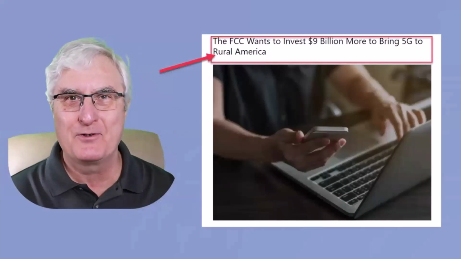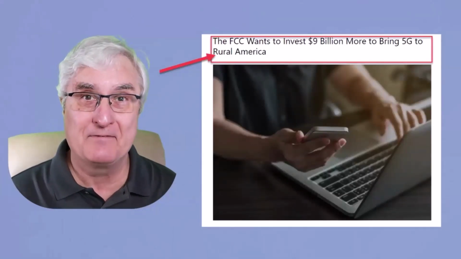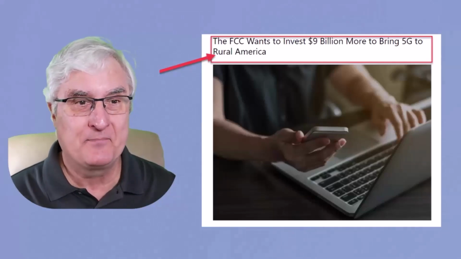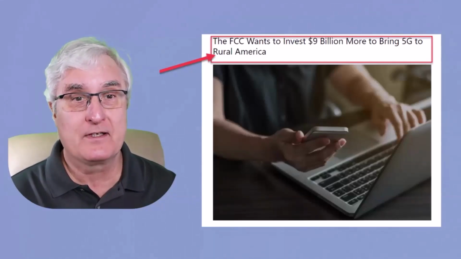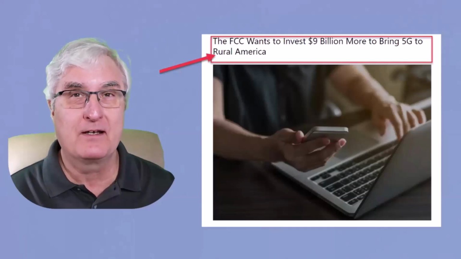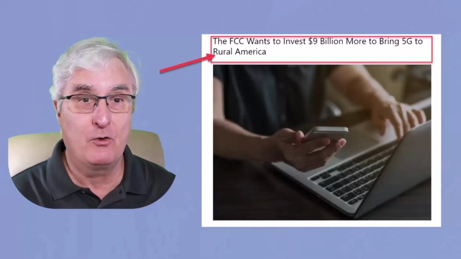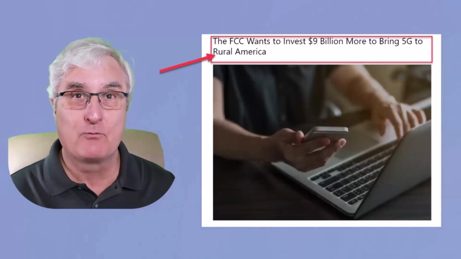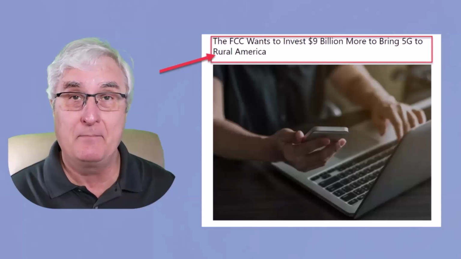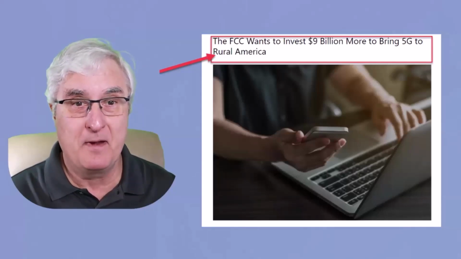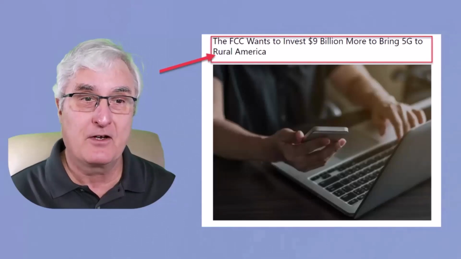Now I'd like to draw your attention to an article that was published this week from the FCC. Let me read it. This week, FCC Chairman Jessica Rosenworcel announced a new plan to bring 5G coverage to more than 14 million American homes and businesses in rural America. This plan comes from new data acquired in its updated broadband coverage map, with the hope of bringing 5G internet to Americans who need it.